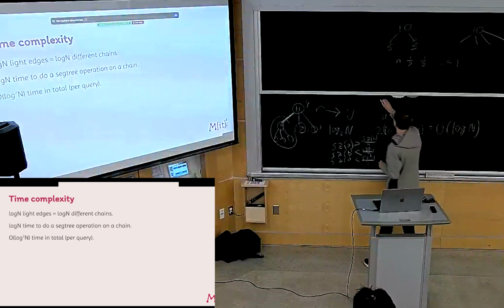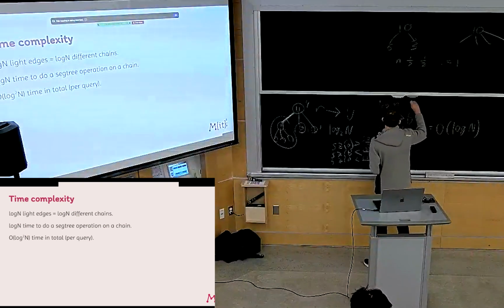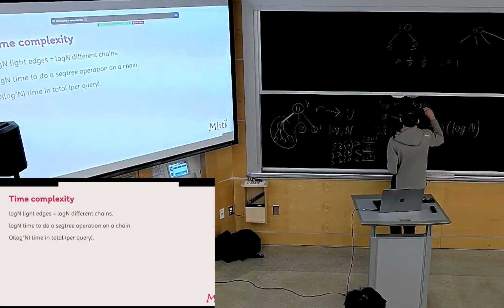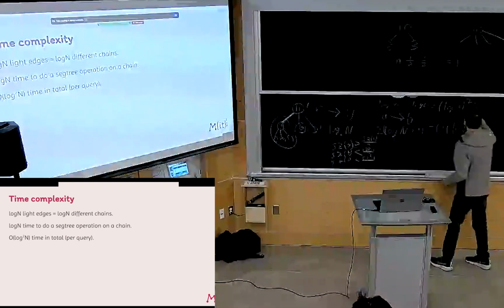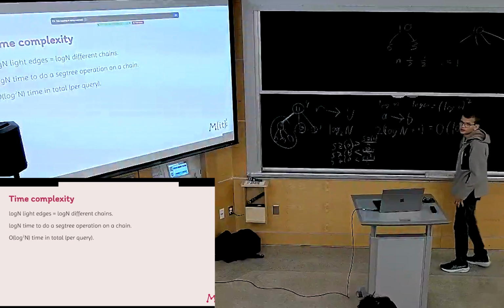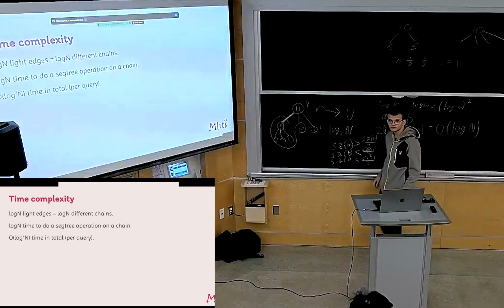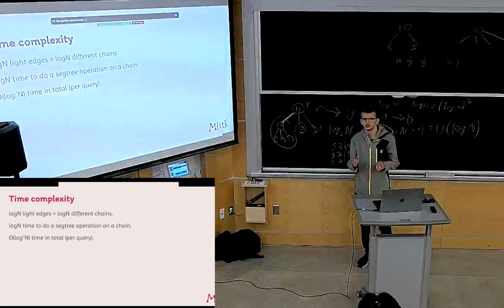So that's just log n times log n, which is log n squared. And for some reason we like putting the exponent there, but that's just notation. Does that make more sense?